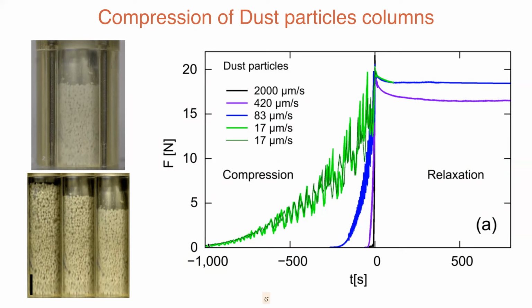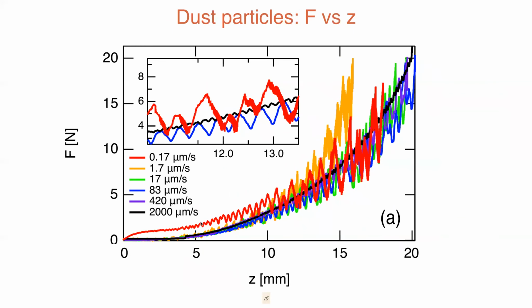So during compression, something interesting is that if you plot the force as a function of the piston stroke, you will observe that there are oscillations, these undulations of the force load or the resistance to compression. The mean value of the force is basically independent of the compression rate.